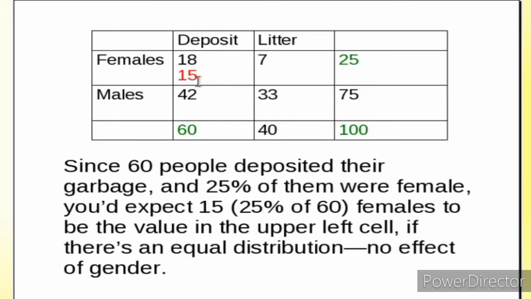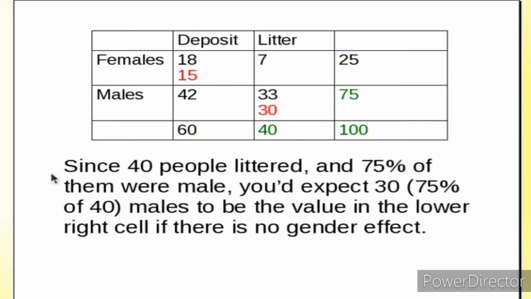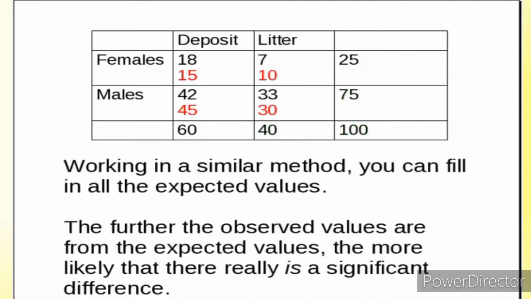Again, that's if there's an equal distribution with no effect of gender. Similarly, because 40 people did litter and 75% of them were male, you'd expect 30, 75% of 40, to be the value in this lower right cell if there's no gender effect. Working in a similar method, you can fill in all the expected values. The further these observed values are from the expected values, the more likely that there really is a significant difference, that there really is an effect of gender.